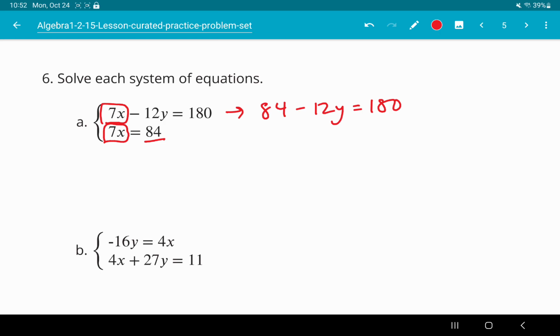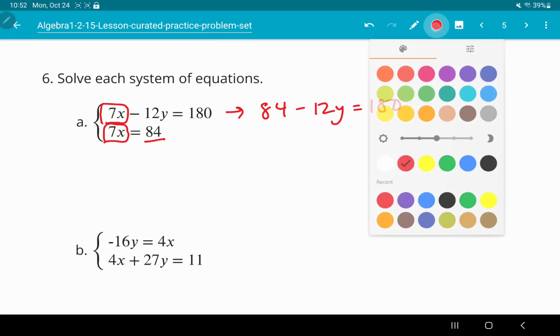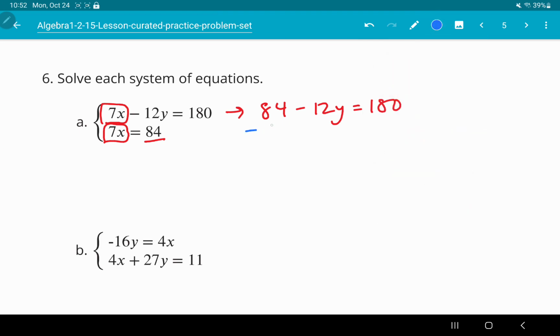So let's go ahead and subtract 84 from both sides. And we'll get negative 12y equals 180 minus 84. So that's going to be 96. And now we can divide both sides by negative 12.